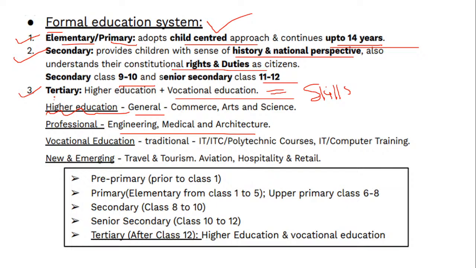One is primary, which is up to 14 years of age. One is secondary, which considers not only class 10th but also class 11th and 12th. And then we have tertiary, which is a combination of higher and vocational. When I say higher education, it includes all the general courses and professional courses, and vocational education includes the vocational courses given over here.